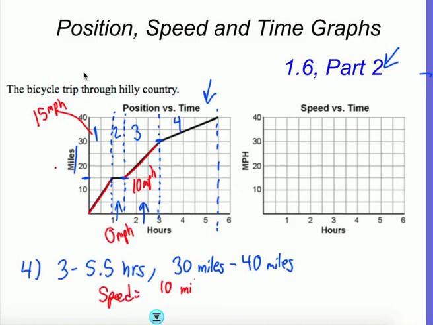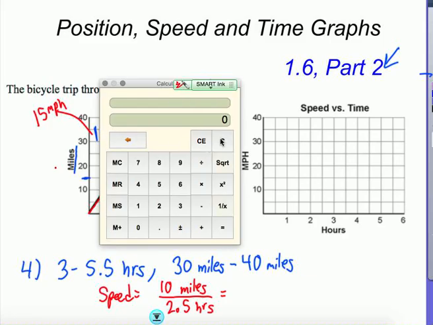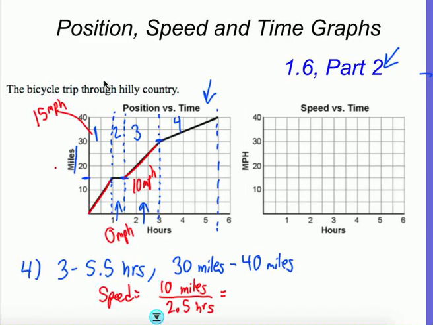He goes 10 miles in 5.5 minus 3, in 2.5 hours. Ooh, he must have been going uphill on this one. He's going pretty slow. So when we plug that into our calculator, or you can solve it in your head, 10 divided by 2.5 gives us 4 miles per hour.